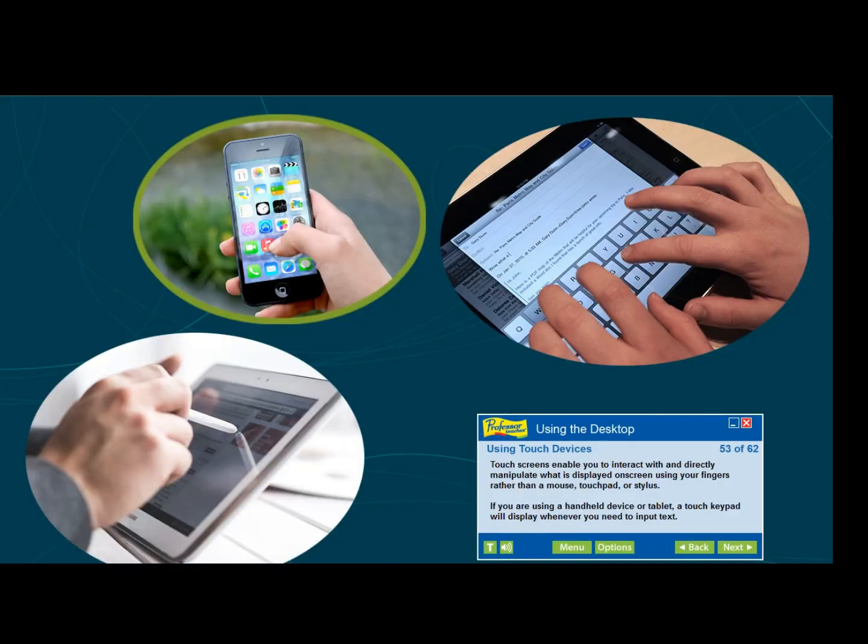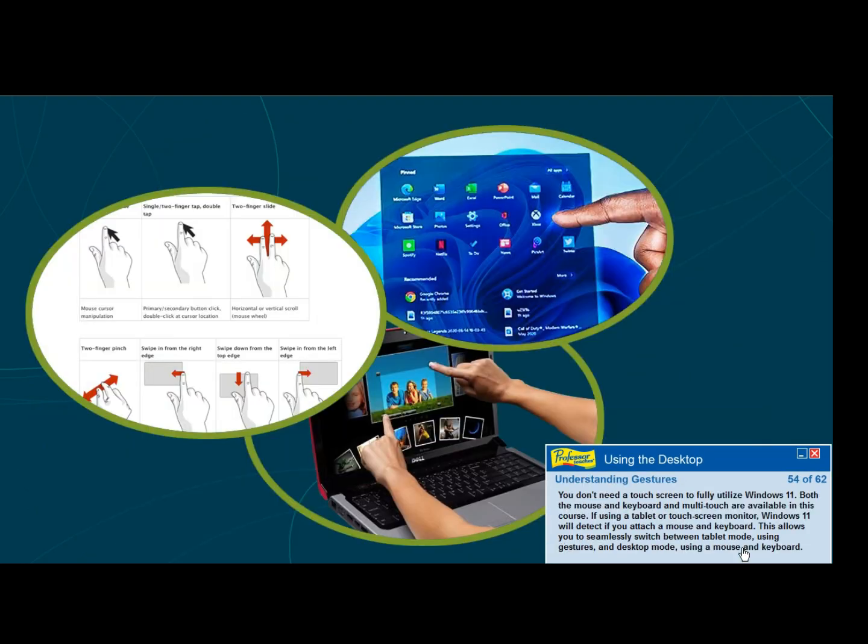Touchscreens enable you to interact with and directly manipulate what is displayed on screen using your fingers rather than a mouse, touchpad, or stylus. If you are using a handheld device or tablet, a touch keypad will display whenever you need to input text. You don't need a touchscreen to fully utilize Windows 11.